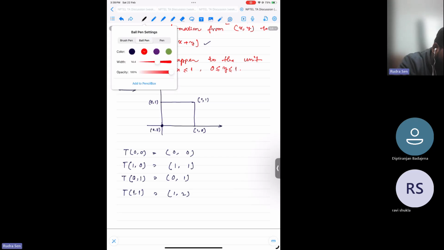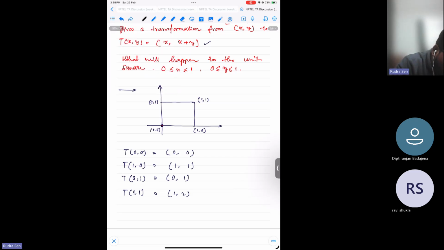So what will be the picture? (0, 0) is the same, (0, 1) is the same. Now (1, 0) will become (1, 1), and (1, 1) will become (1, 2). Right? So I will get something like this picture. That means my unit square is now tilted.